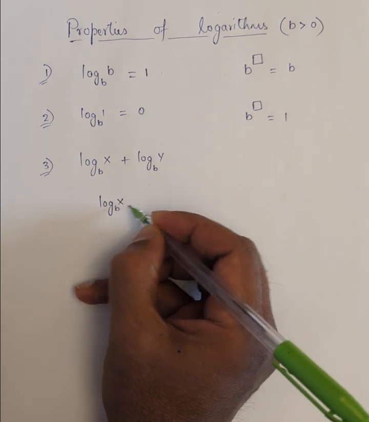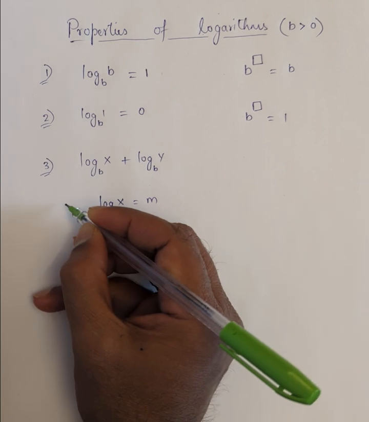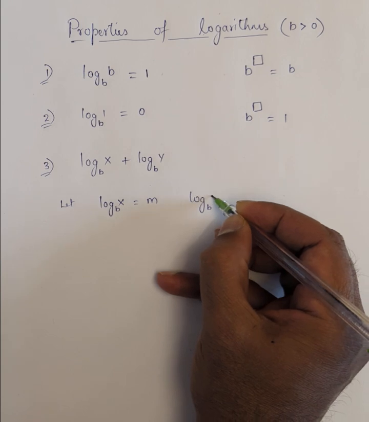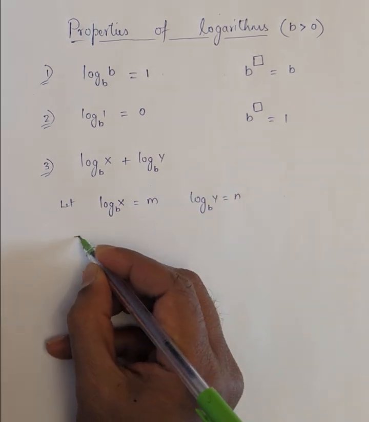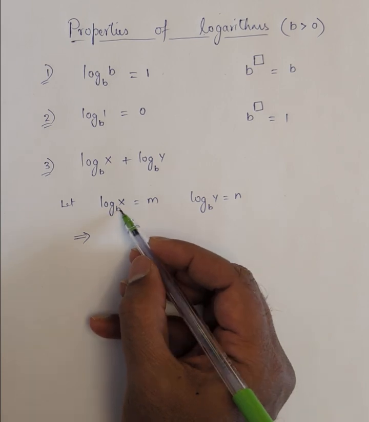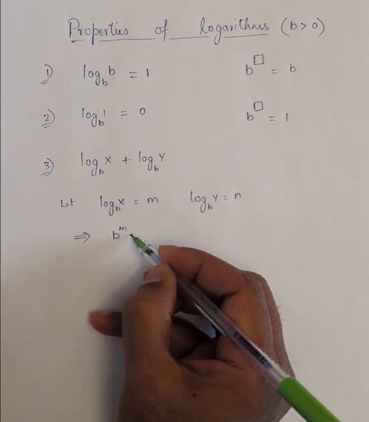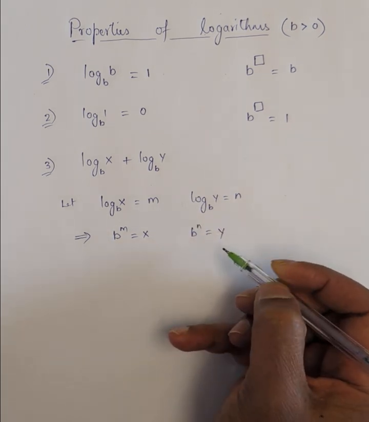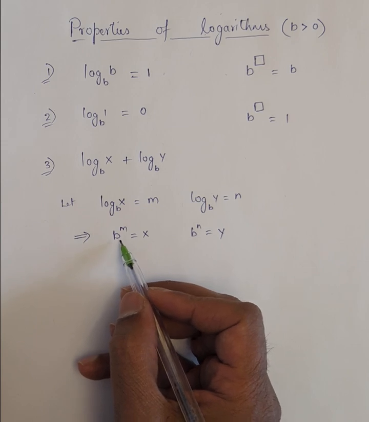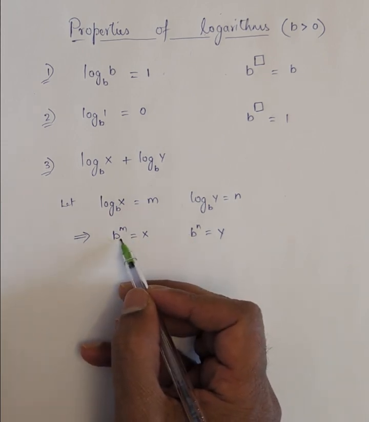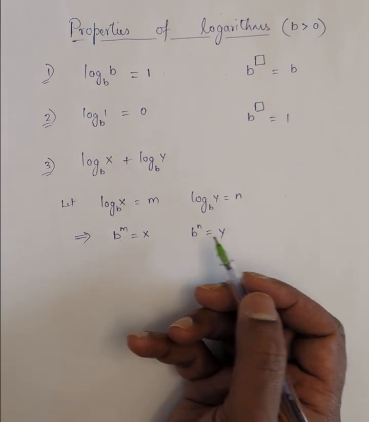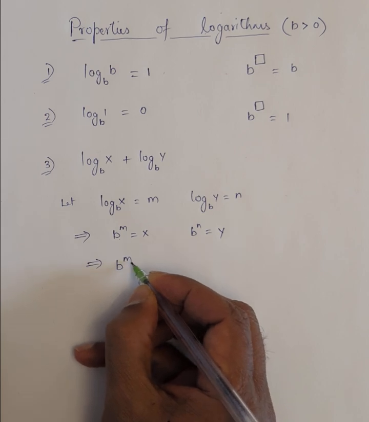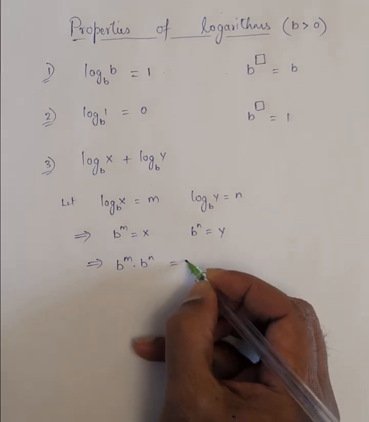So say log base b of x was some m and log base b of y is equal to n. Now from the definition of logarithm, we know b to the m happens to be equal to x and b to the n happens to be y. And what do you think you can do when you have b power m equals x, b power n equals y? We can multiply these two equations and we get b power m times b power n equals xy.